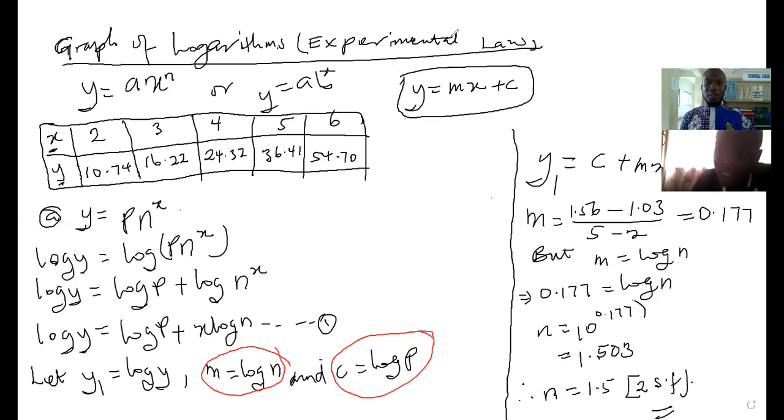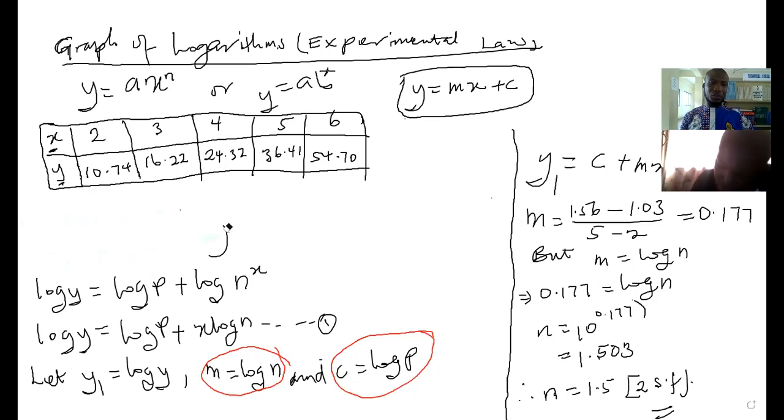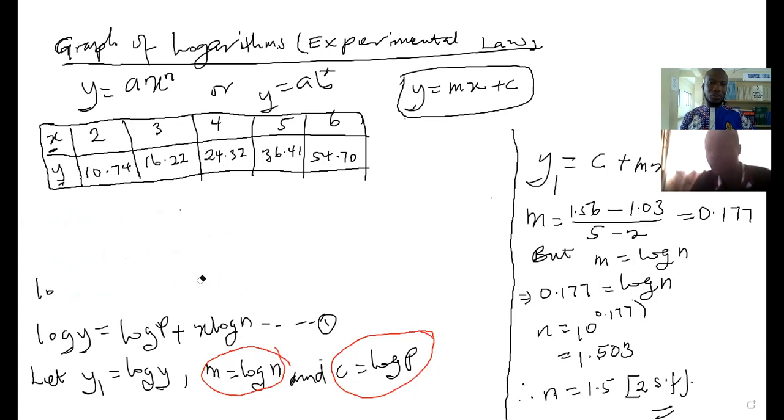0.678 is equal to log P. Just a minute, let me clean. Okay, so from the graph, our C equals, you said C equals what? 0.678.